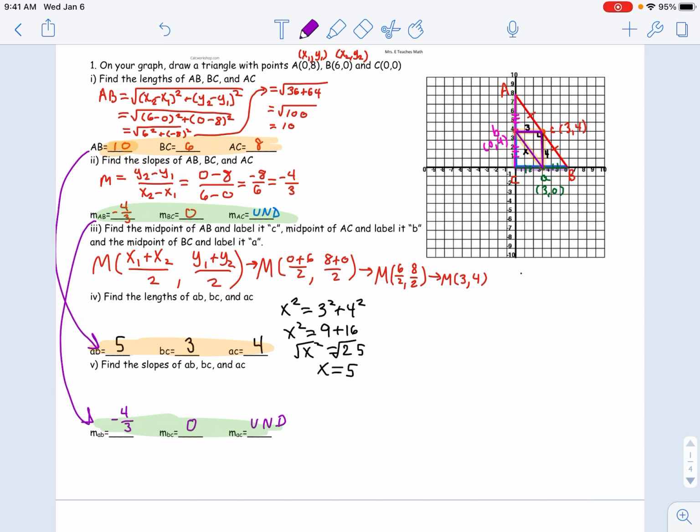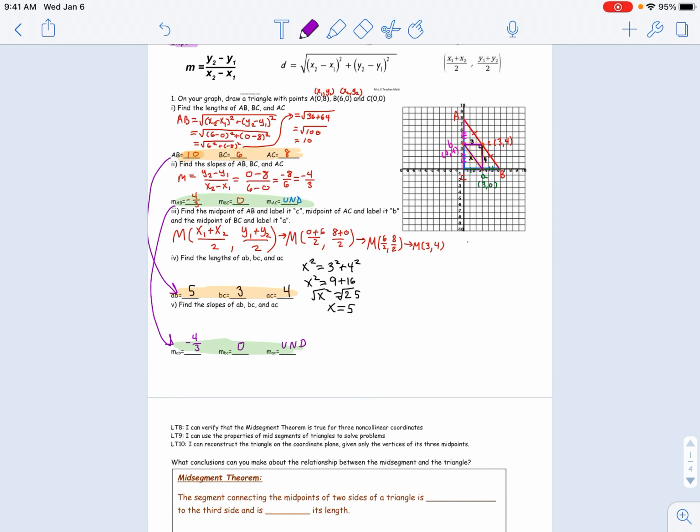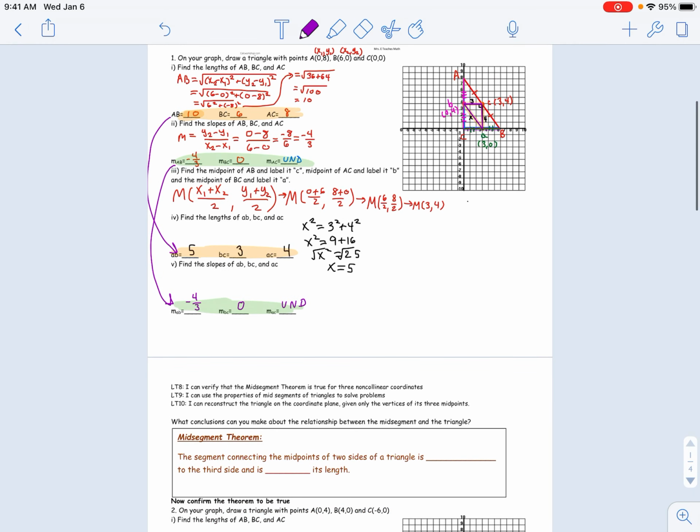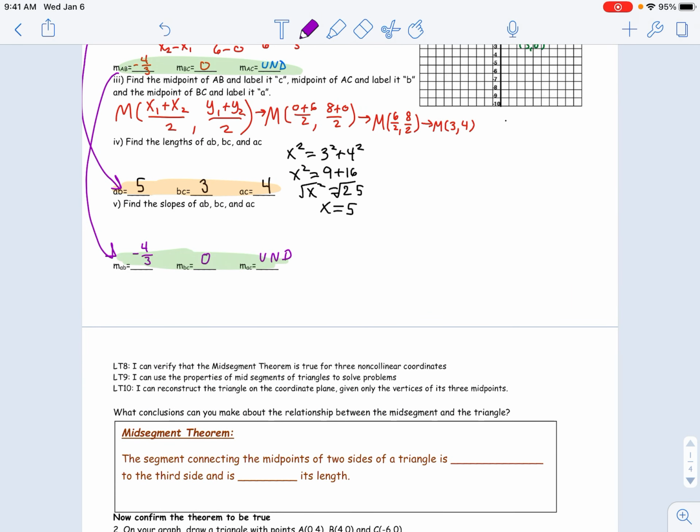Oh, what? They were the same? So, this is it. This is the mid-segment theorem. What conclusion can we make about the relationships between mid-segments and the triangle? Well, the segment connecting the midpoints of two sides of the triangle is parallel. All right, did you notice that they had the same slopes?